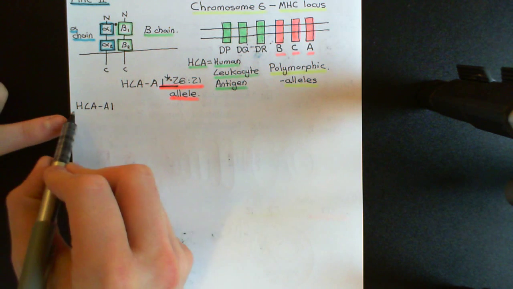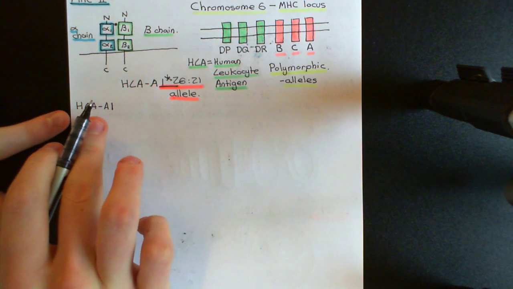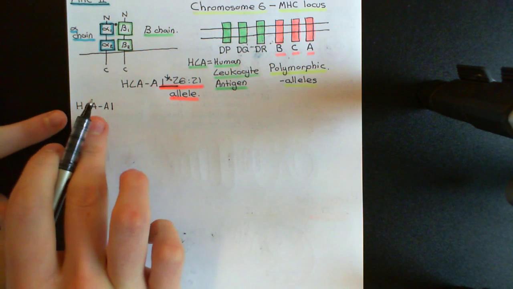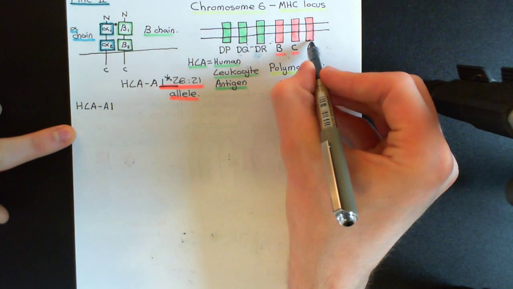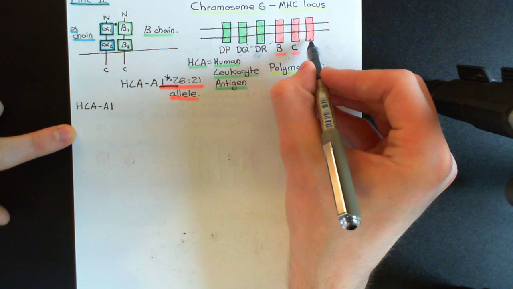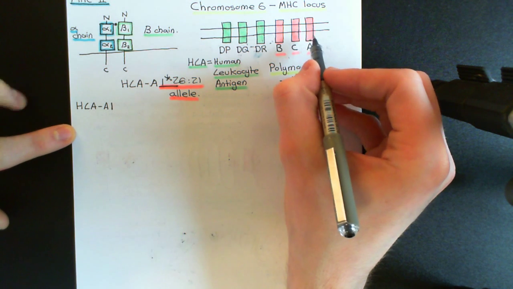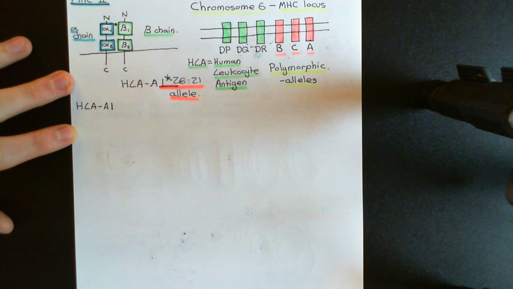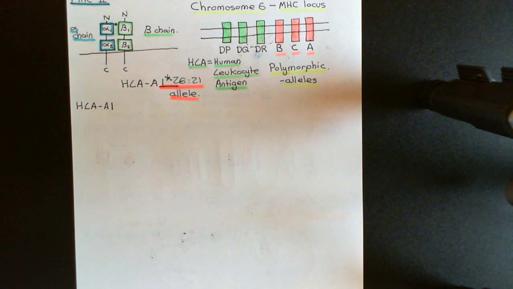So I have used this specific allele of the HLA-A locus, the HLA-A1 allele, a specific version of this locus, to make my alpha chain. I've then used the beta-2 microglobulin gene to make a beta-2 microglobulin protein. Remember, beta-2 microglobulin isn't polymorphic, so it's the same in all humans, and the gene is always pretty much identical.